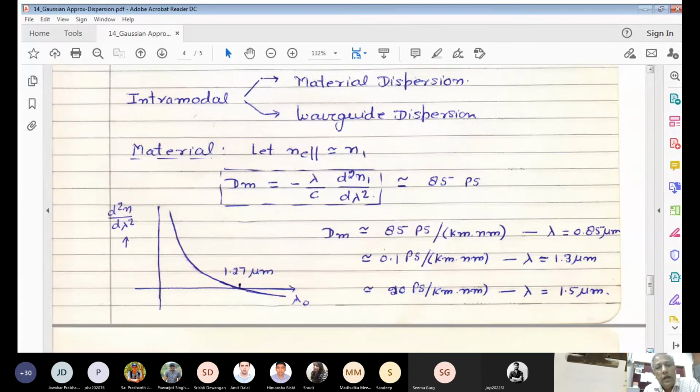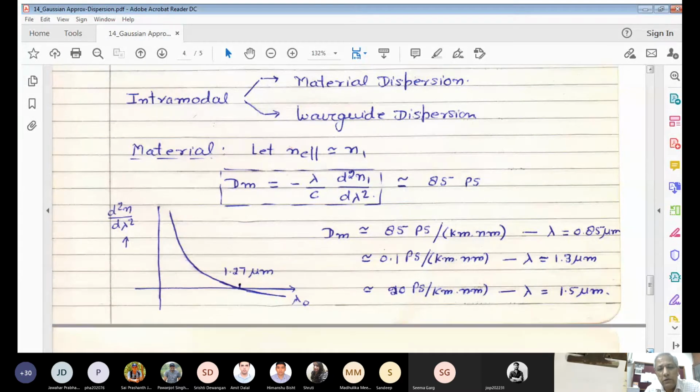Even in a single mode fiber, V is about 2.3 or something like that, most of the power is propagating in the core. I am not giving you an exact figure, but maybe 90% power is propagating through the core and 10% through the cladding.